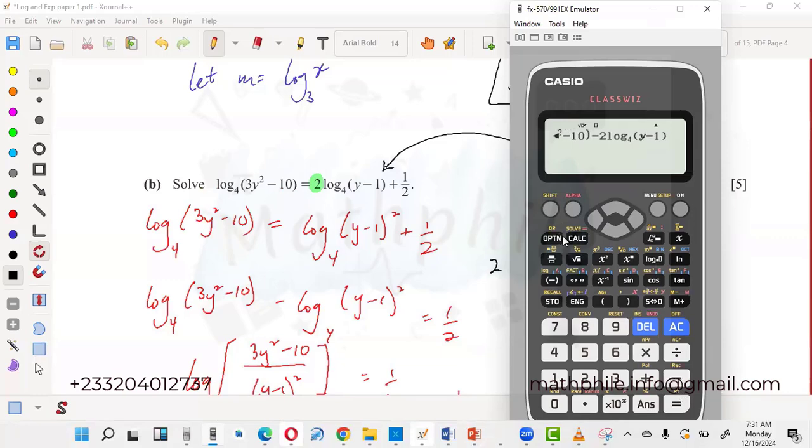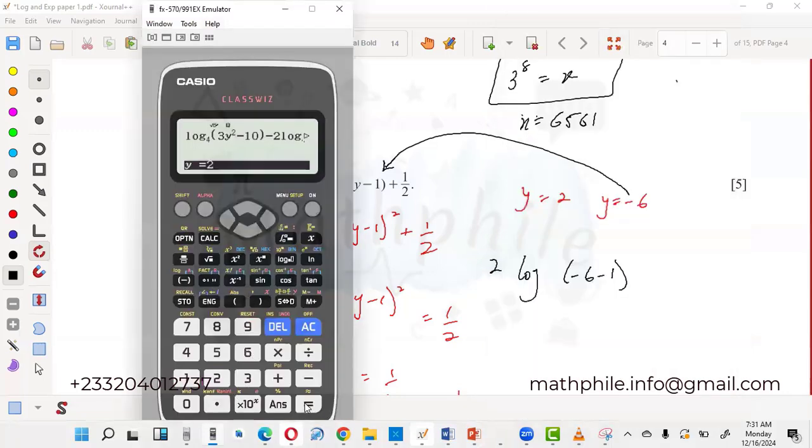I'm going to substitute the values. If I substitute the value and it's correct, I should get the answer to be 1 over 2. The first value we got was 2. So y equals 2. If the answer is correct, it's 0.5. Yeah, so that's correct.